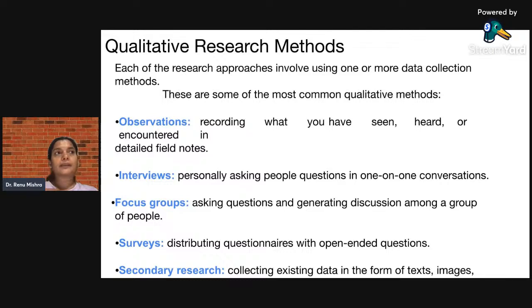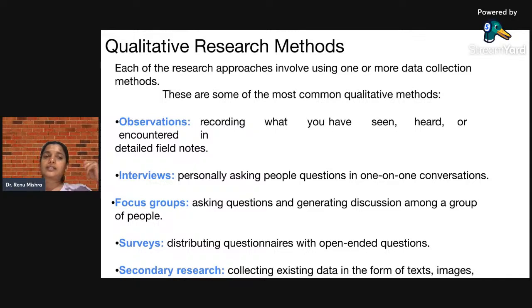Another example would be how employees behave in a particular official setup. There, you're not disturbing them, you're just noting information, whatever you are seeing, whatever you're grasping, without employing your own bias. You don't have a say in that. You're just noting down whatever you are seeing. Another one can be participative observation, wherein you become a part of your respondents and then make observations.